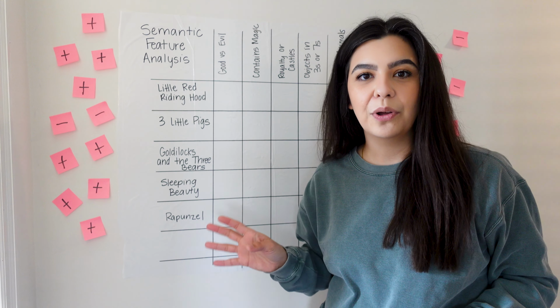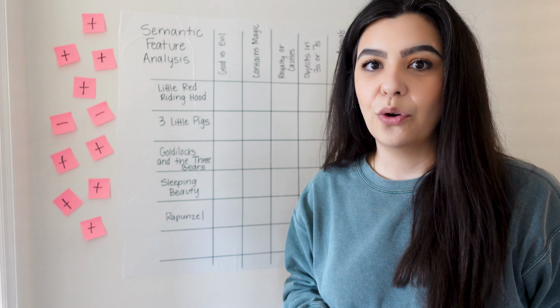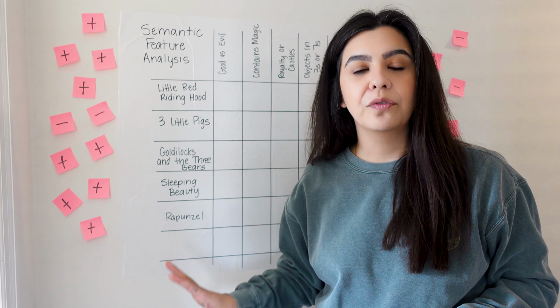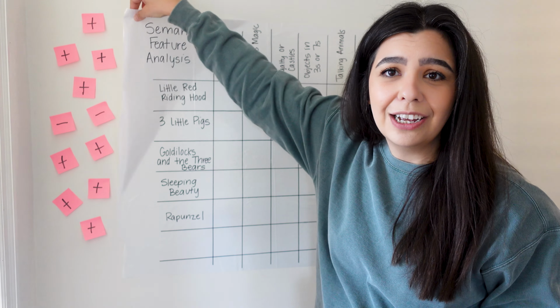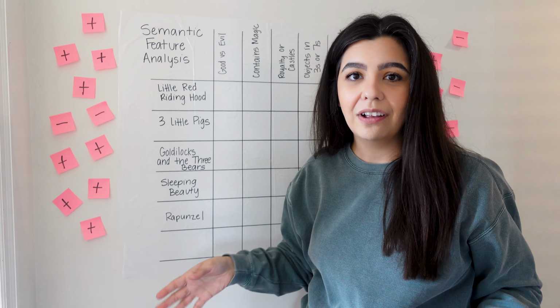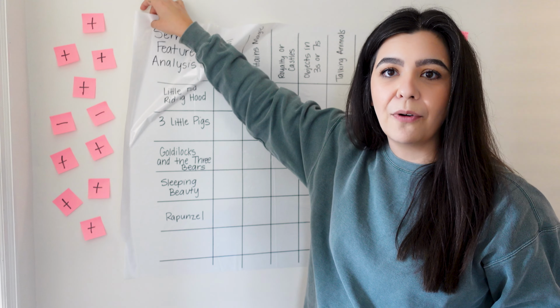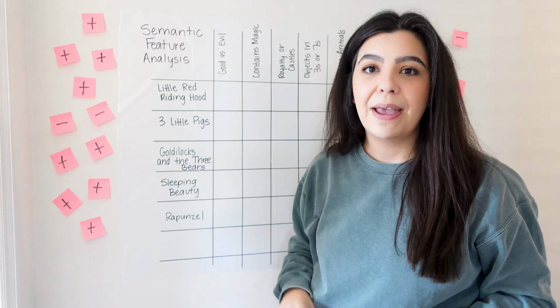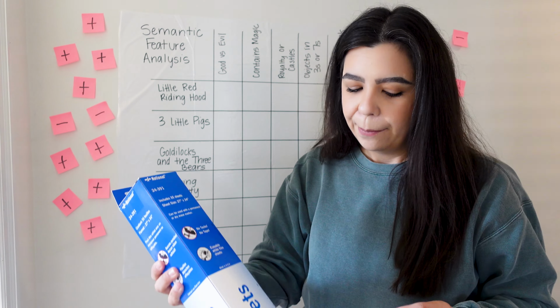So this is an example of a semantic feature analysis that I utilized during a session with the school when I was going over comprehension. And this is a Kling poster that you can add to any wall and it'll automatically stick. So I don't have anything holding it up. It'll come right off. I can fold it and then place it up on practically any wall. But this is what it is.